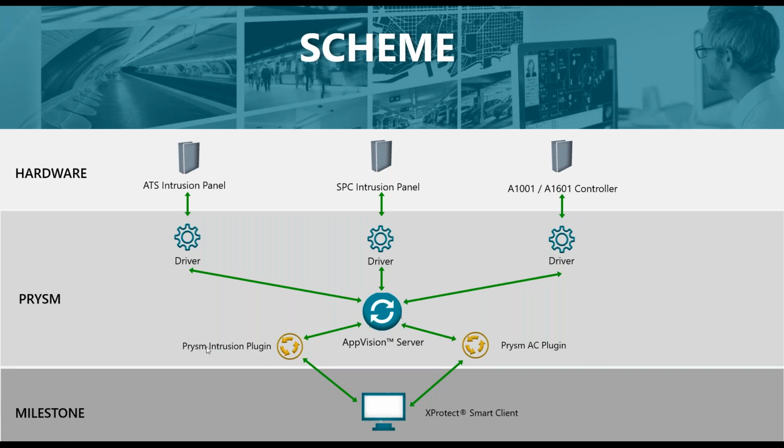And with our new plugins, Prysm intrusion plugin and/or Prysm access control plugin, we will dialogue with the XProtect Smart Client. So this is the way it works, and you will be able to create command and control mode from XProtect to the panel, because you see that those lines are bidirectional.